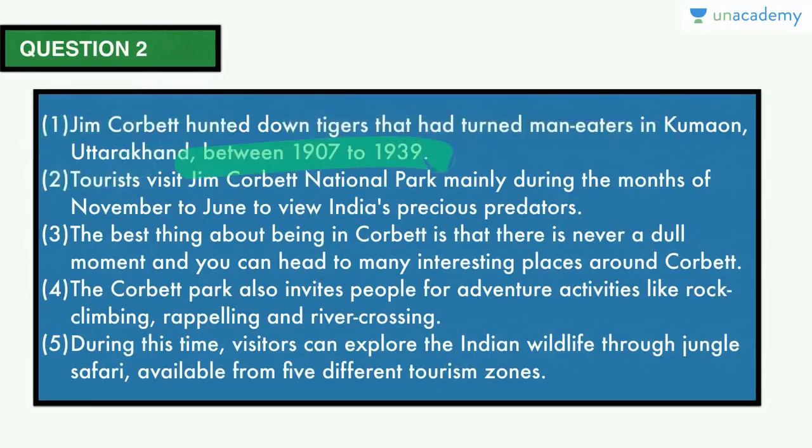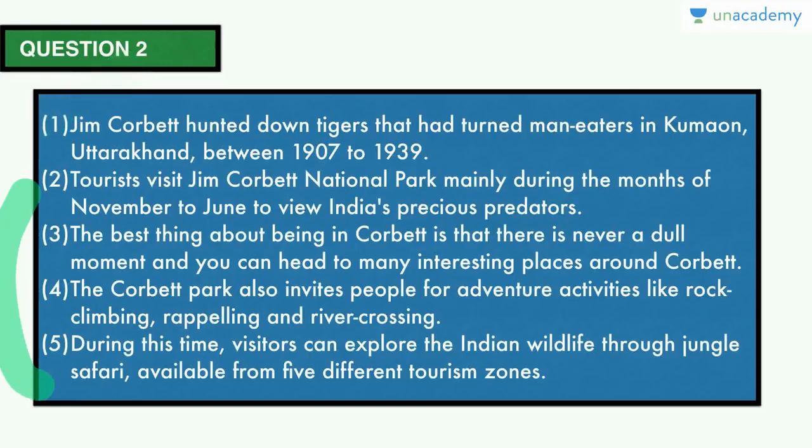If this was an essay, this sentence would come somewhere where you're talking about the naming of the park after Jim Corbett. Why was it named after Jim Corbett, the person? What were his achievements? That he hunted tigers which turned into man-eaters for this long.